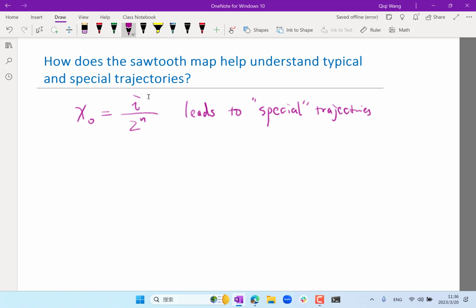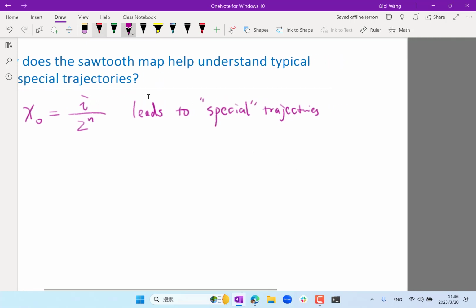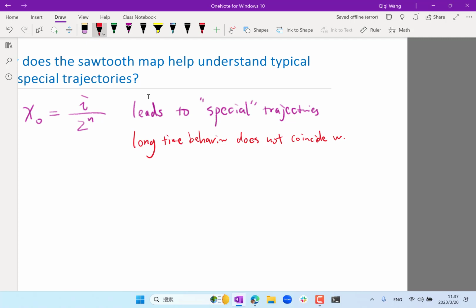Special trajectories are trajectories whose long time behavior does not coincide with the ergodic measure.